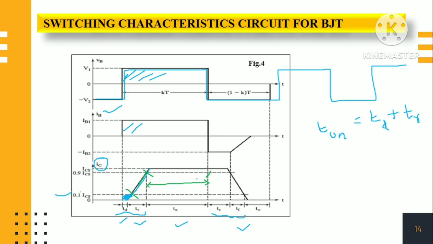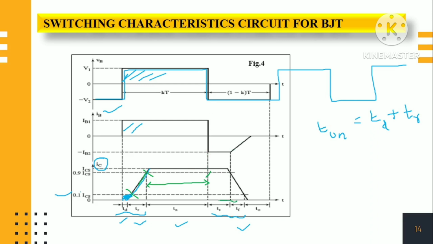Now when the base supply goes to the negative side, the base current also goes negative, and the collector current gradually reduces.